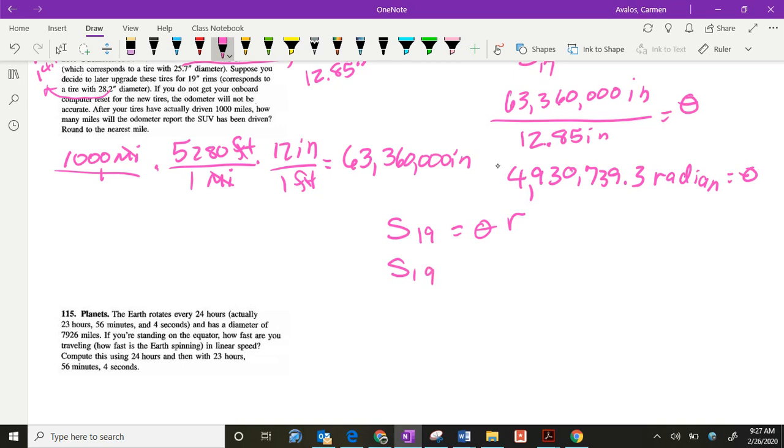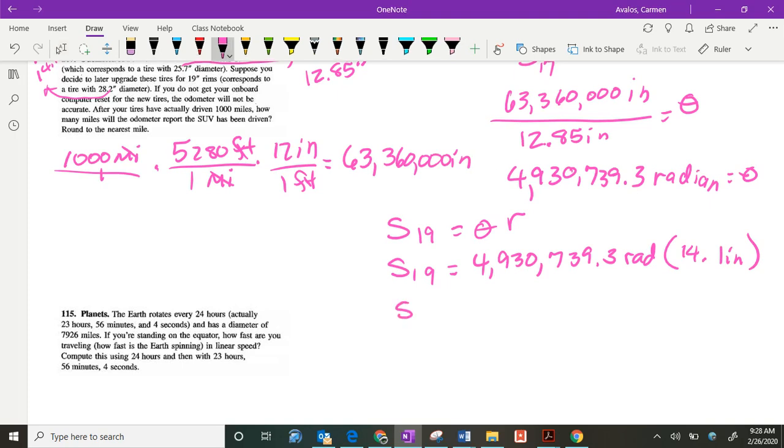So we are going to put 19, and that's going to be 4,930,739.3 radians times the inches there. So it's going to be 14.1 inches.